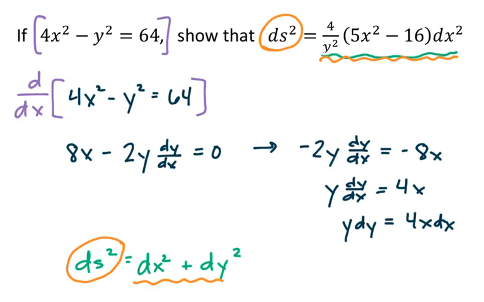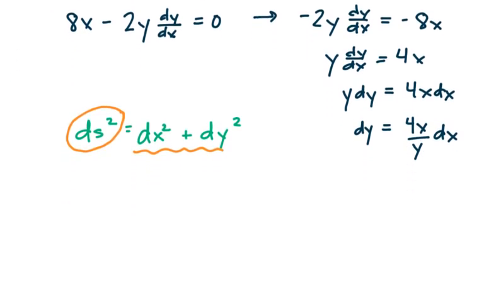All right, so in that case, I'm going to take the dy and isolate it, divide by the y. So I've got dy equals 4x over y dx. So this right here is equal to dy. I can plug that in.